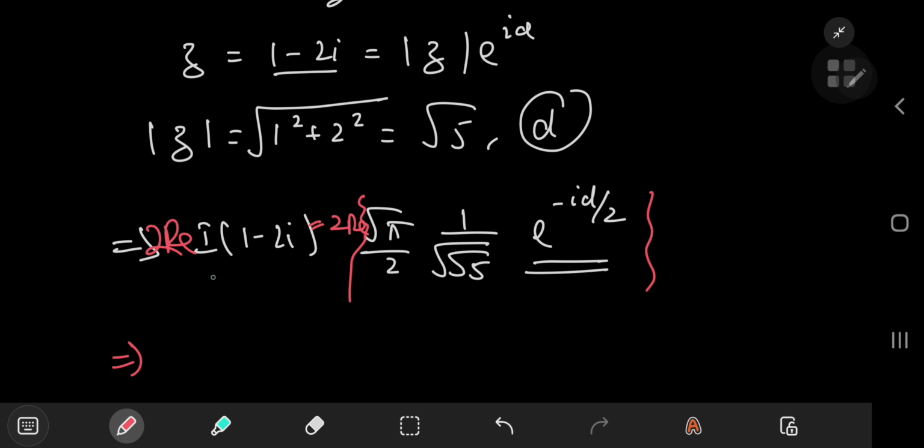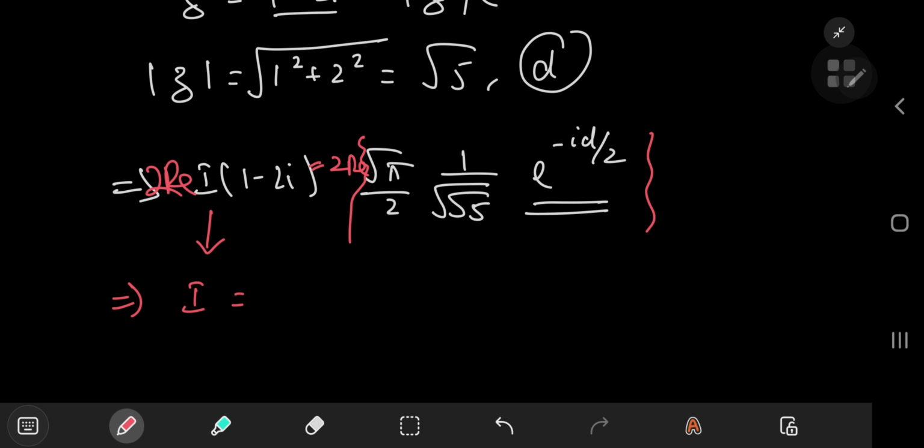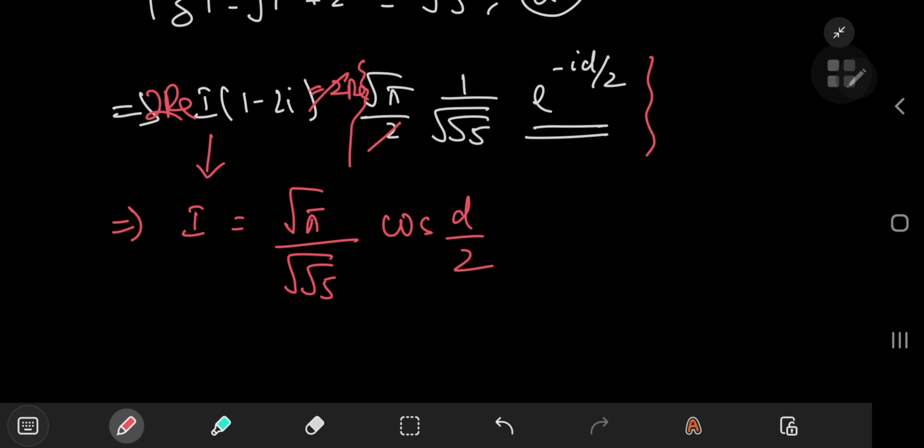So this integral here is your target integral I, and this equals the square root of pi, because the 2's cancel out, and you have the square root of the square root of 5, and the real part of this complex exponential is the cosine of alpha by 2, which can be evaluated using a half angle formula.